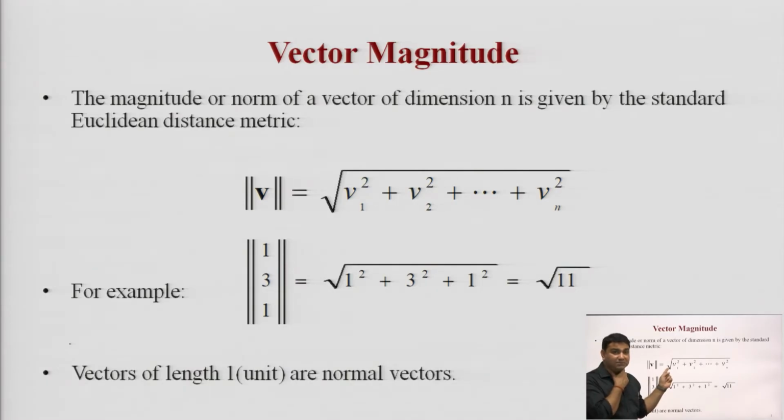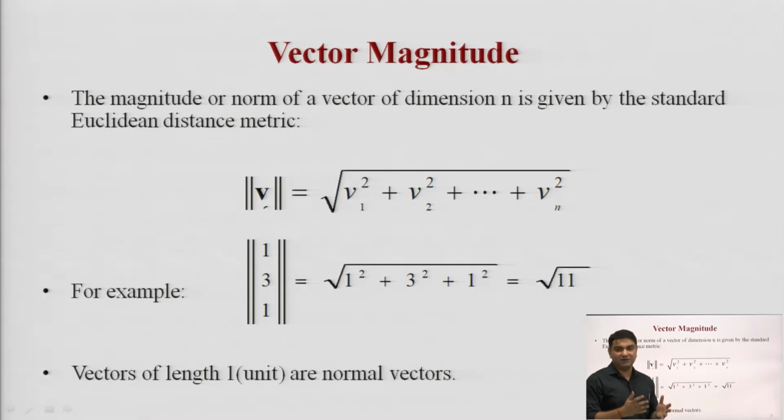and its magnitude can be represented in the form of mod V, which is equal to the square root of the sum of squares of all the components V1, V2, V3, V4 up to Vn. Here n is the number of dimensions in which that vector V is being represented. For example, this example is taken for a 3-dimensional vector.